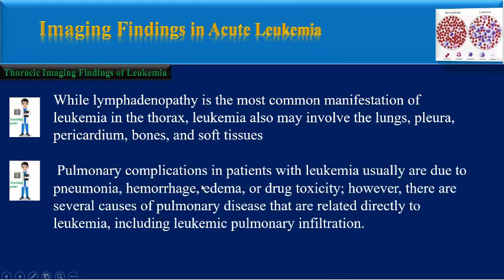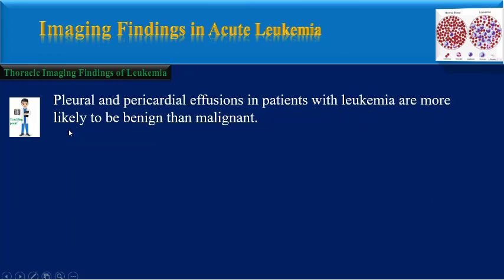Pulmonary complications in patients with leukemia usually are due to pneumonia, hemorrhage, edema, or drug toxicity. However, there are several cases of pulmonary disease that are related directly to leukemia, including leukemic pulmonary infiltration. Pleural and pericardial effusions in patients with leukemia are more likely to be benign than malignant.